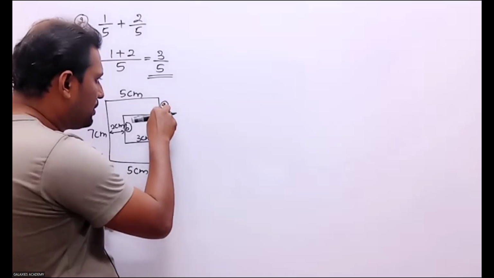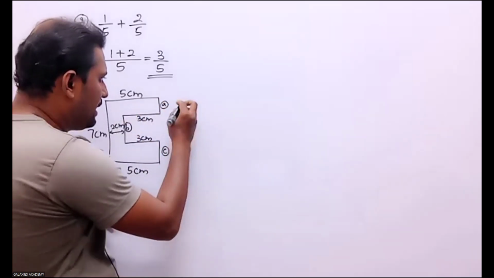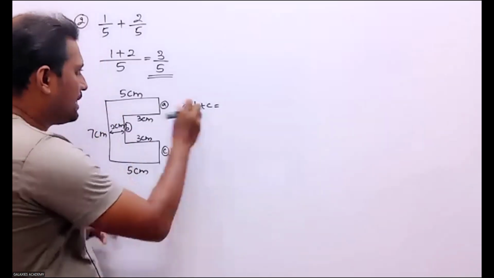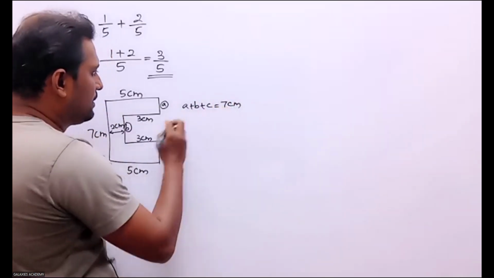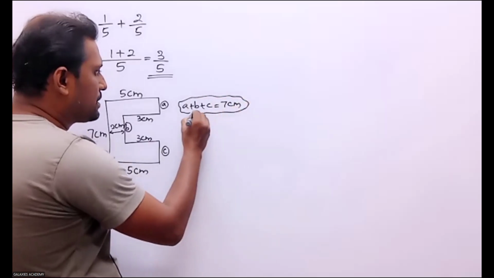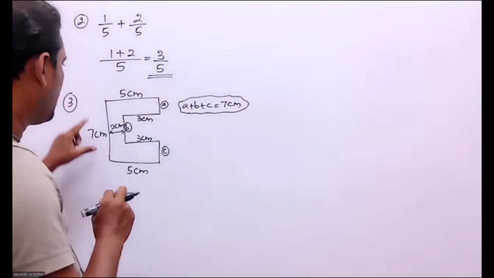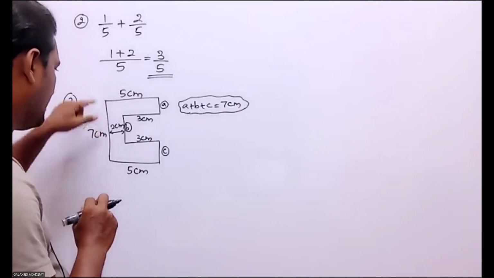We don't know the lengths of A, B, and C separately. But you know the addition of these three lengths should be 7 centimeters, right? Because it is equal to this length.